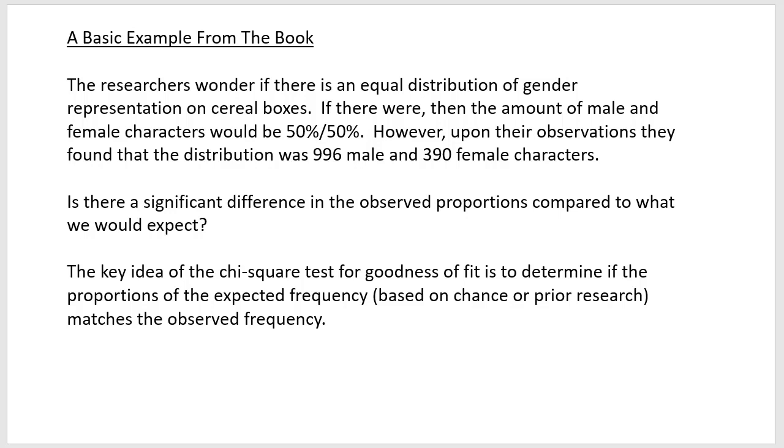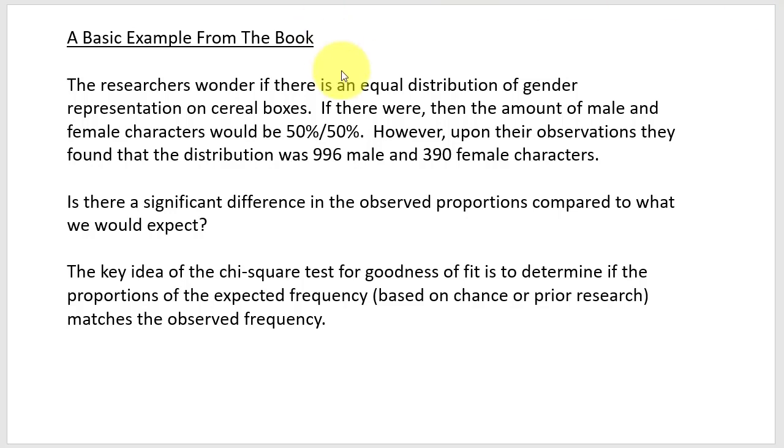We expect there to be a 50-50 mix just based on random chance because there are approximately half male and half female on the planet, so we would expect that representation to be true on cereal boxes if it followed the same trend. The key idea of the chi-square test for goodness of fit is to determine if the proportions of the expected frequency based on chance or prior research matches the observed frequency.